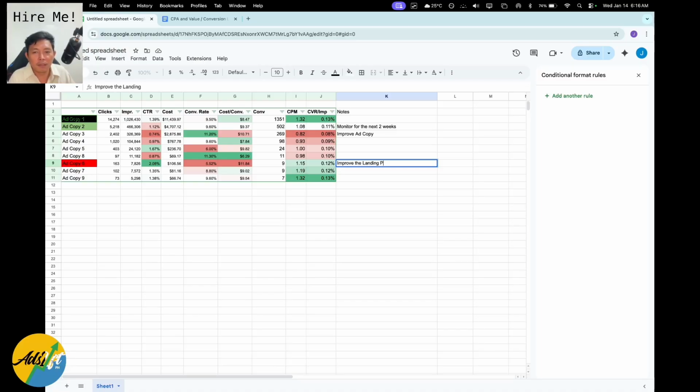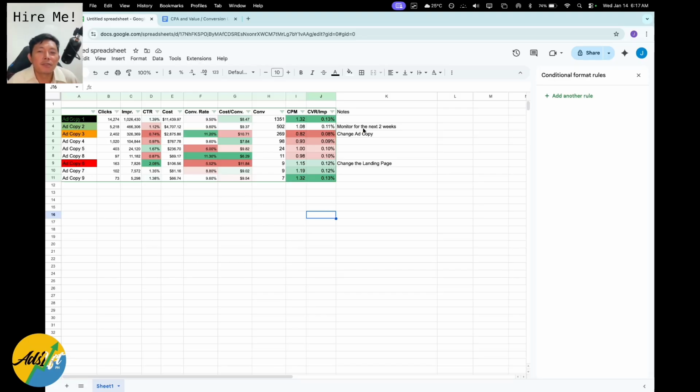So let's make it simple. Change the landing page, change the ad copy. This one is orange. Okay, so now we come up with the results showing what data metrics we'll be using moving forward, the number of metrics and percentages showing in our data.